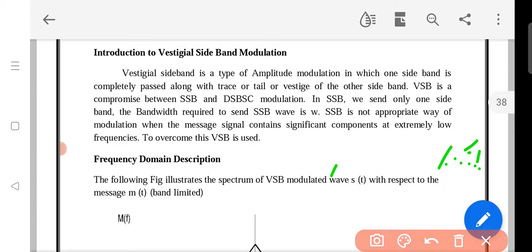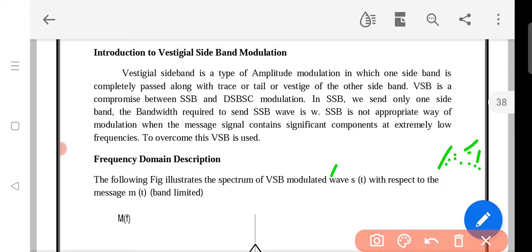In DSBSC we send two sidebands. But in this technique we send neither two sidebands nor a single sideband; it is between the two. That is the compromise of SSB and DSBSC.